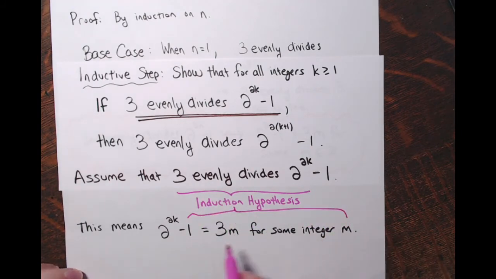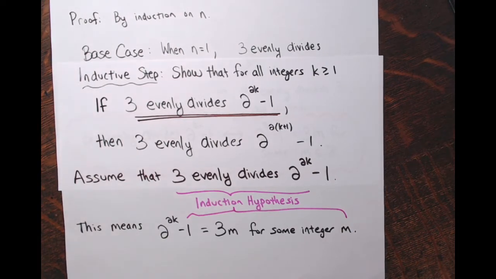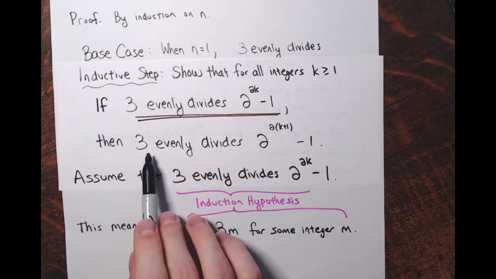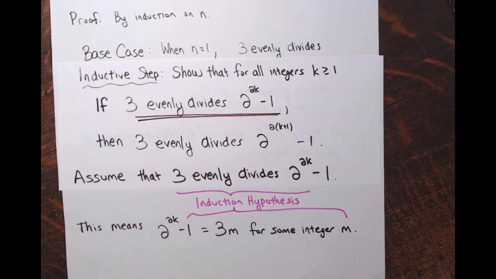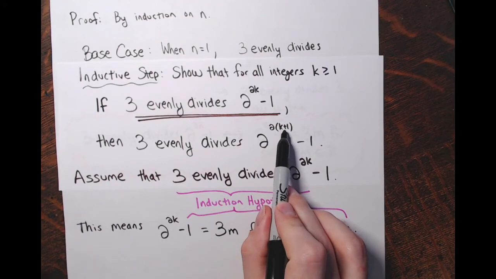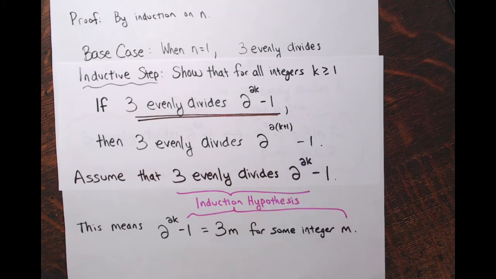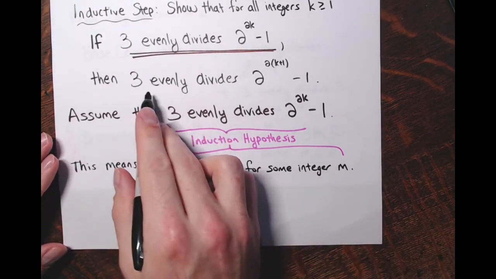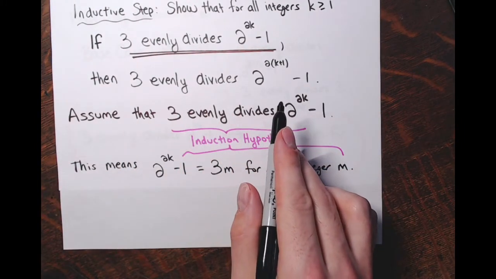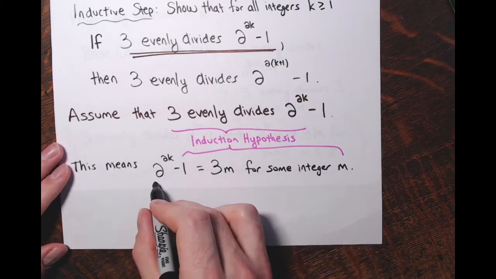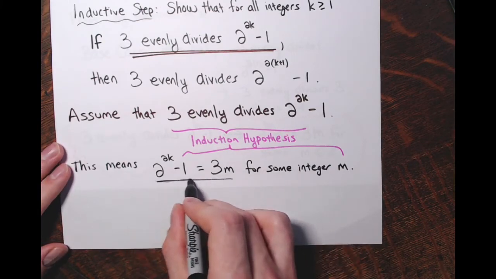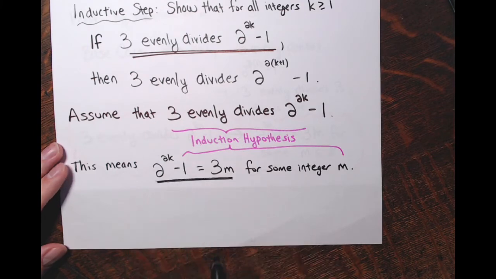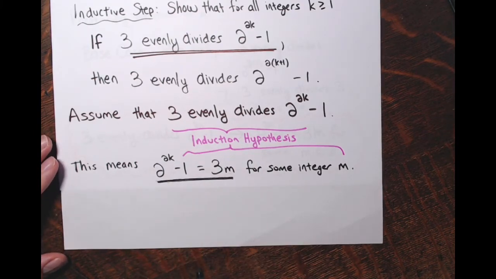We are assuming that this statement is true. And now what I want to show is that if this is true, then 3 also evenly divides 2 to the 2 times k plus 1 minus 1, when n is k plus 1. So again, you can't assume that. We have to show it, assuming this is true. And we're going to use this fact, this assumption, this induction hypothesis at some point.